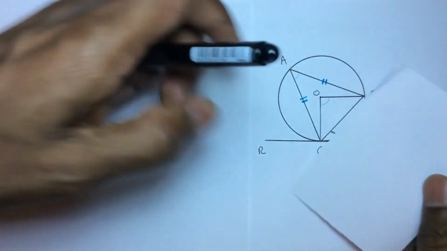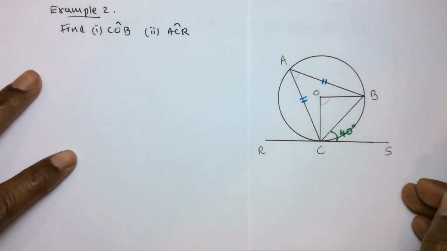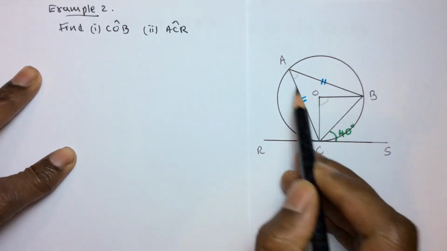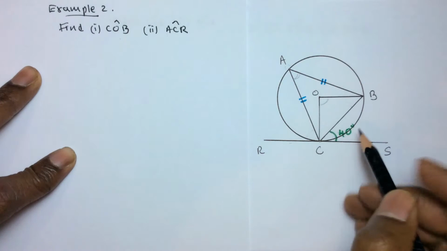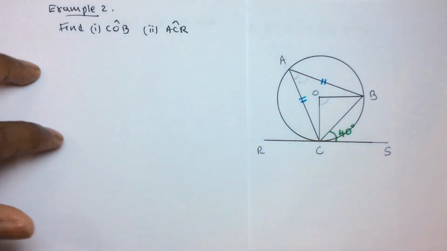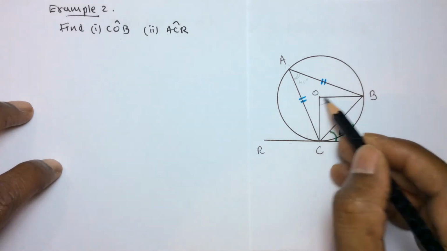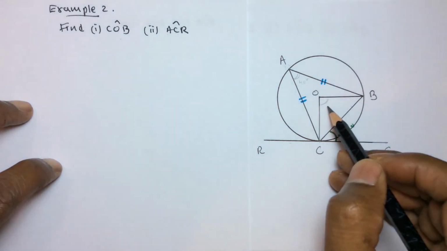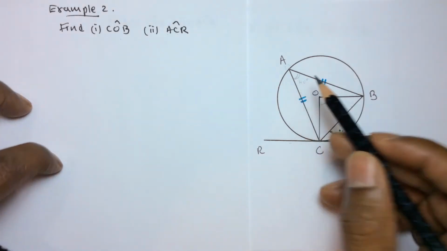So using the property angle in alternate segment, CAB, this angle, is equal to 40. Then COB is equal to twice the angle at the circumference. The angle at the center is twice the angle at the circumference.